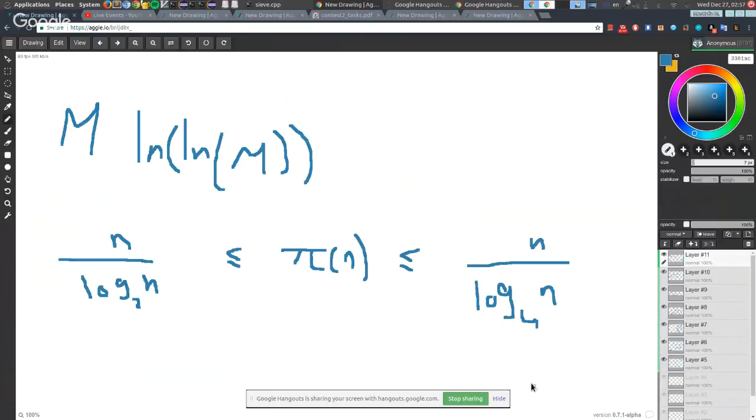So basically, this gives a bound for the density of the prime numbers from 1 until n.